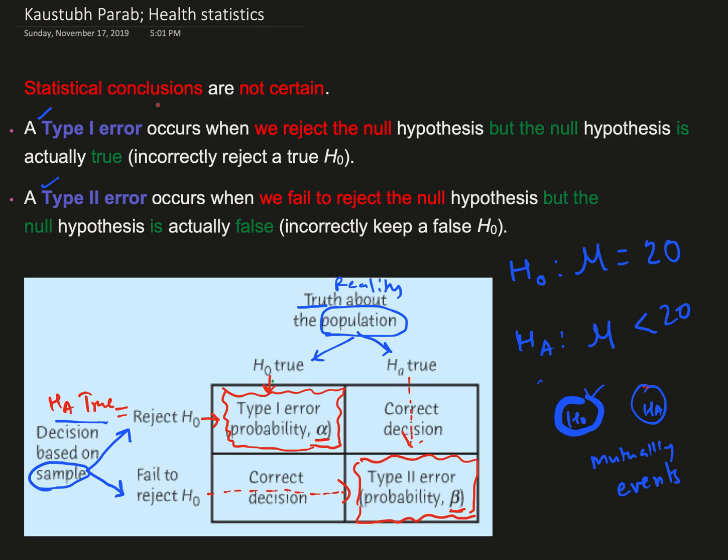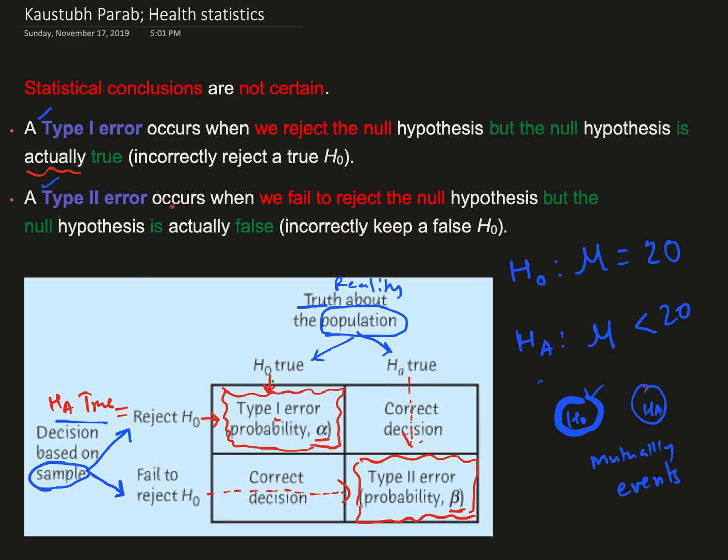Now let's go over the definitions. Type 1 error occurs when we reject the null hypothesis, but the null hypothesis is actually true. That means the reality is that the null is true. That's nothing but type 1 error.